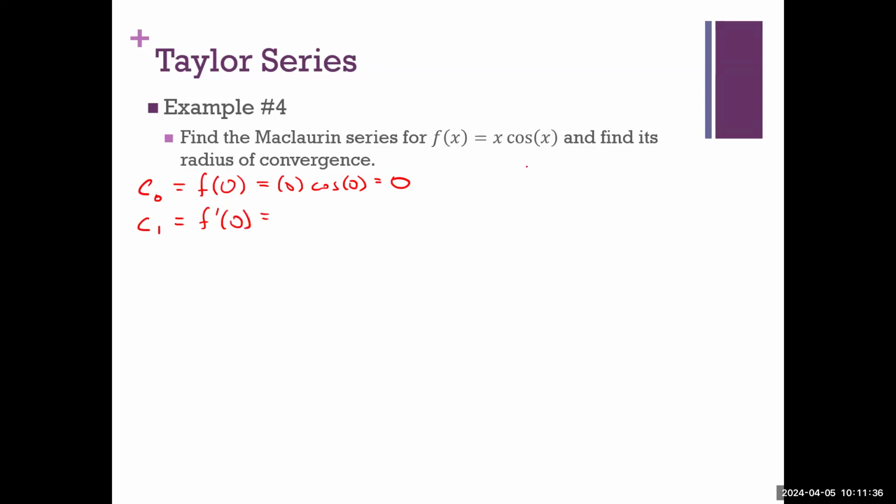Okay, so I need a derivative, right? How do I find the derivative of x cosine x? So I need the product rule. I kind of have to treat this as the product of two distinct functions, x and cosine of x. So what's the derivative of x cosine x?